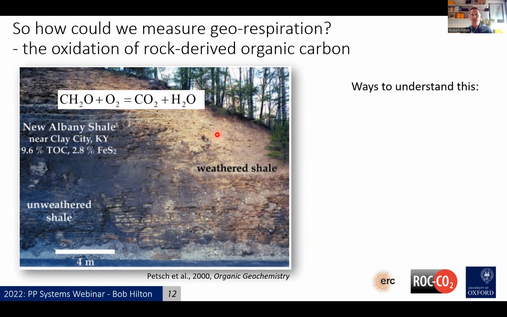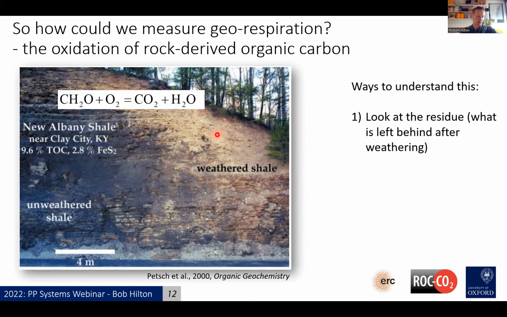So how can we measure this process, try and understand it? Well, we have three options. The first is we can look at what's there, the thing that's been left behind in the environment. Here in orange we have this weathered material. That's really informative.